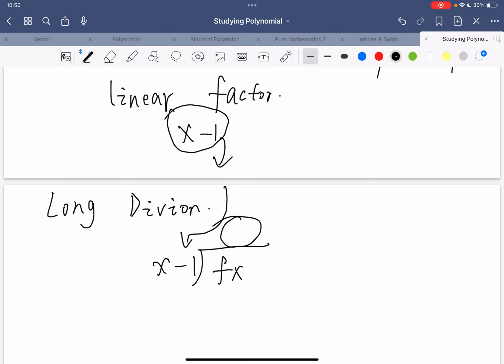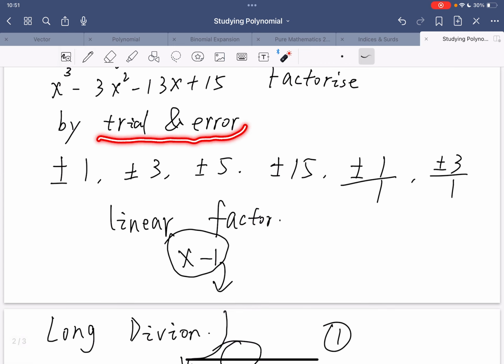It might be a quadratic factor, and then factorize the quadratic expression so that all the factors you get are linear factors. So decrease the power to the lowest possible. That's the first method, using long division after you find the first linear factor by trial and error.